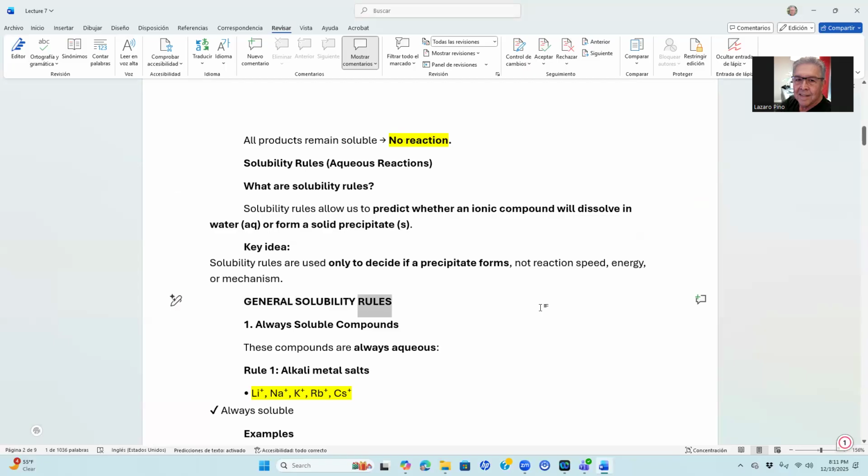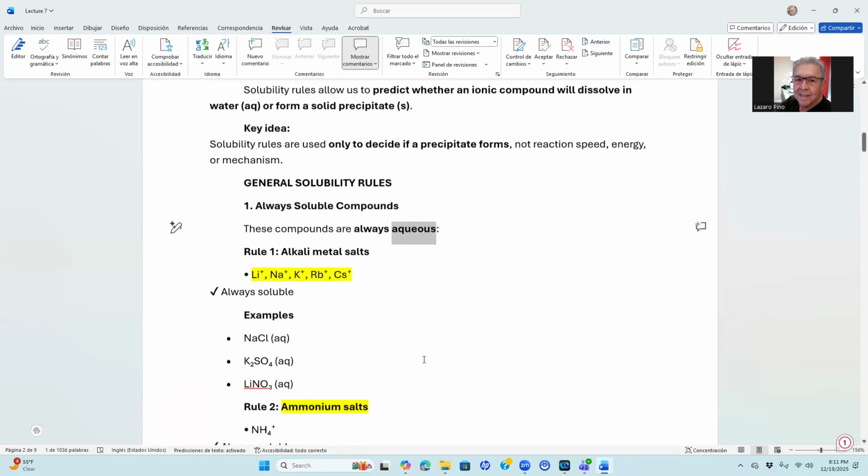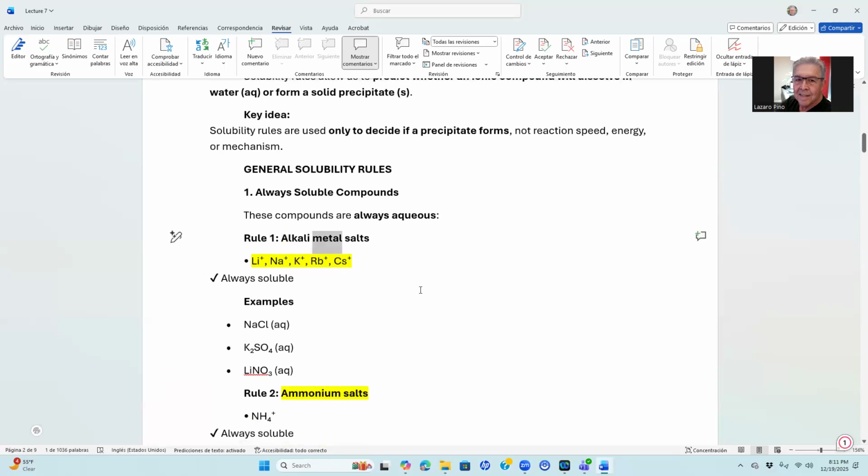General solubility rules. 1. Always soluble compounds. These compounds are always aqueous. Rule 1. Alkali metal salts: Li, Na, K, Rb, Cs, always soluble.